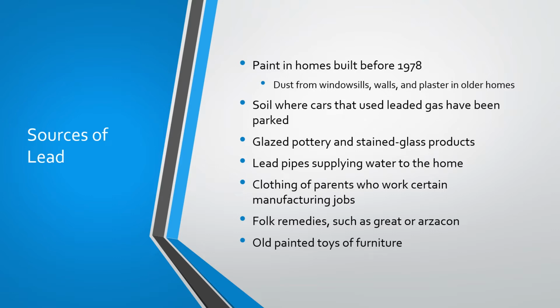Glazed pottery, lead pipes, and sometimes the clothing of parents who might work at certain manufacturing jobs: when they come home, they need to take all of those clothes off and get them away from those kids because of that lead exposure. Toys is another one that we can think about, but as toys have been better made, lead is no longer a problem.